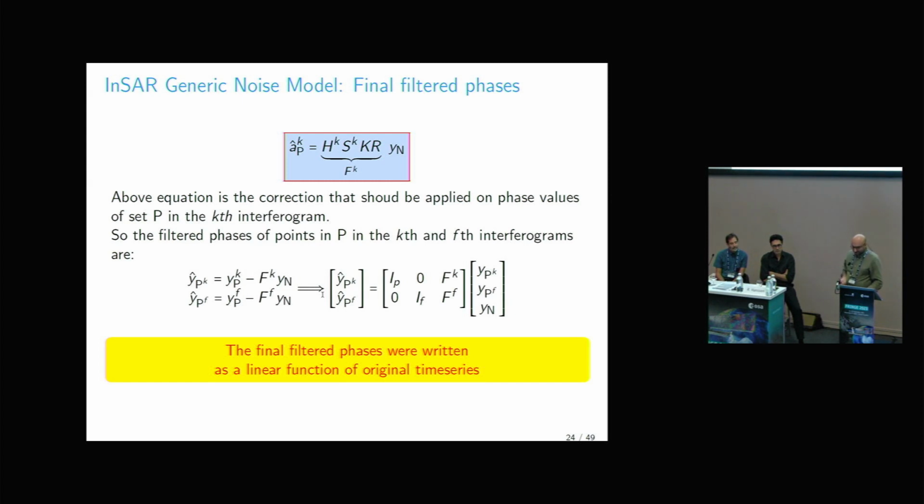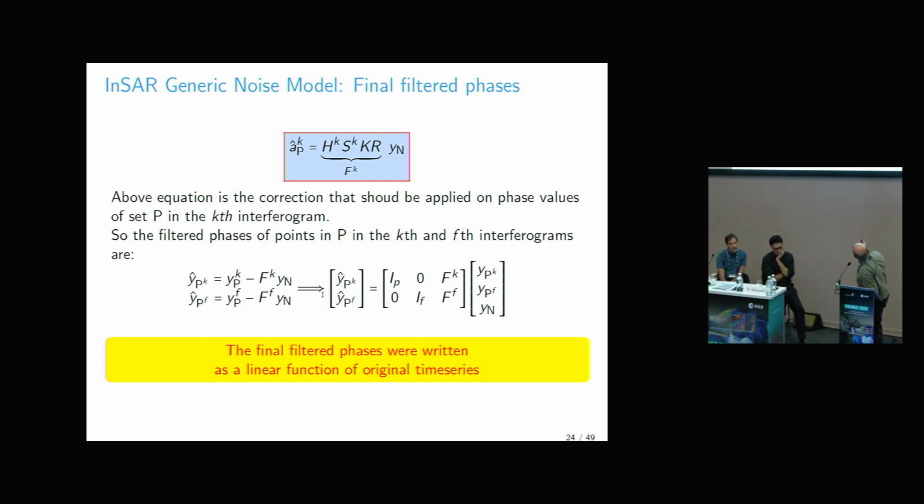Now, if in two different interferograms we want to correct for this term, we should subtract the corrections that we get from the initial observations.